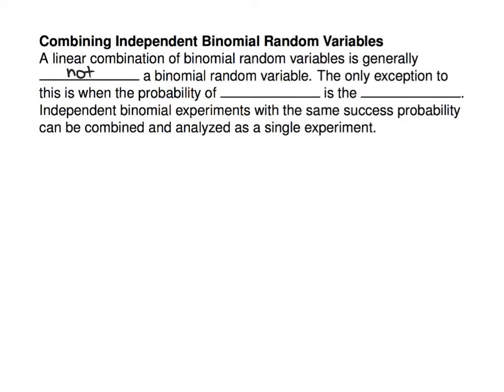The only exception is when the probability of success is the same in your two trials. Then you can combine things and analyze them as a single experiment, but only if you have the same success probability. Otherwise, the variable that you get will not be binomial.